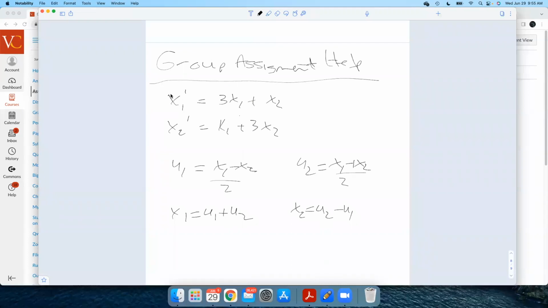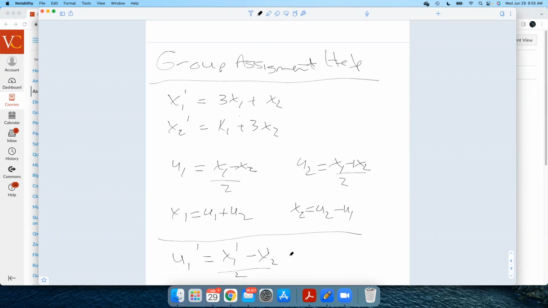Okay. So I could take, say, this equation right here. Here's one way I could approach this. I could take u1 prime and just distribute here. That's going to be x1 prime minus x2 prime over 2. I know what x1 prime and x2 prime are.